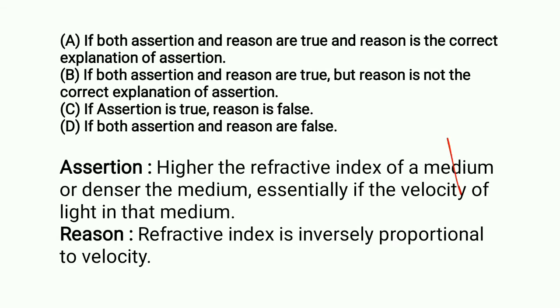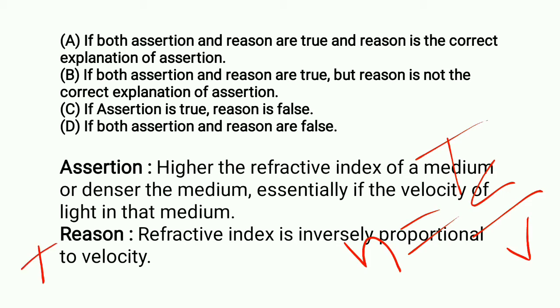Yes, so this statement is true. Reason: refractive index is inversely proportional to velocity. Yes, as we know the formula n is equal to c divided by v. The refractive index and the velocity are inversely proportional to one another. So the reason statement is also true.